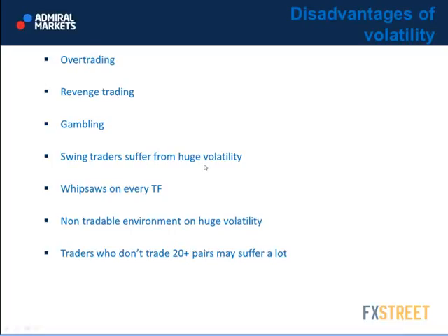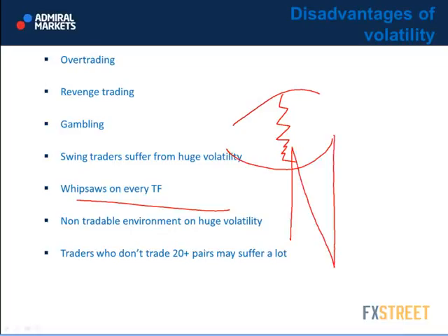Swing traders suffer from huge volatility, because swing trading can be very dangerous today. There are very big fluctuations in the Forex market, and for a swing trade to be successful, the market should be in perfect harmony, and today that is not the case.